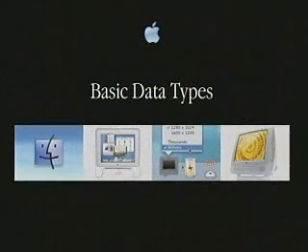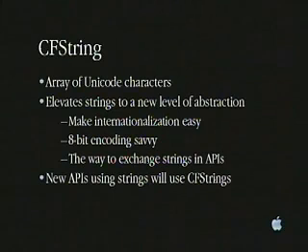So let's begin by looking at some of those basic data types. We start with CF string, a data type representing strings of characters. Strings tend to be one of the most common data structures in an application, and in Mac OS X, CF strings are certainly the most common CoreFoundation data type in use.